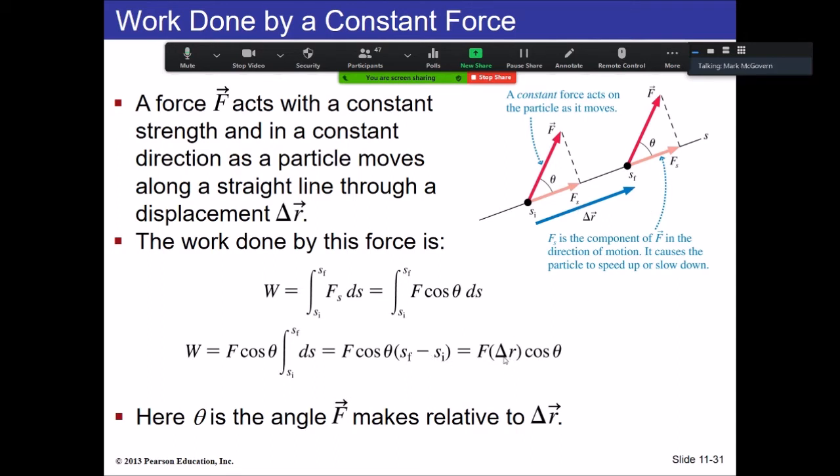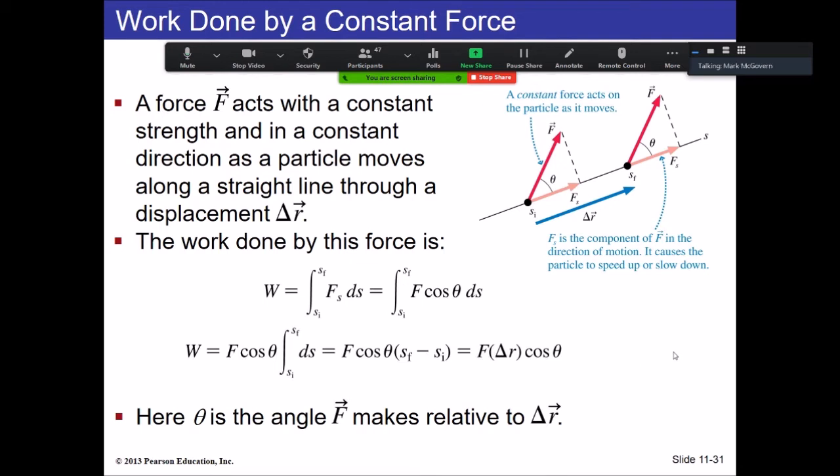displacement vector, delta r. So for a constant force, the amount of work that's done, or in other words, the amount of energy that's taken out of the system or put into the system, is proportional to the force, the displacement, and the angle between those two.